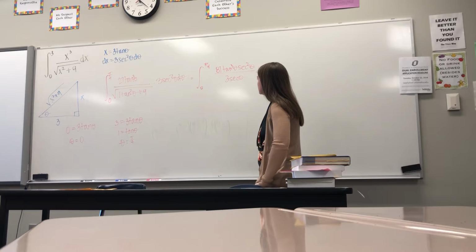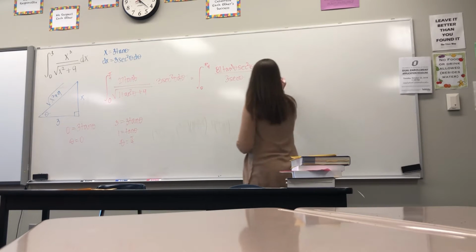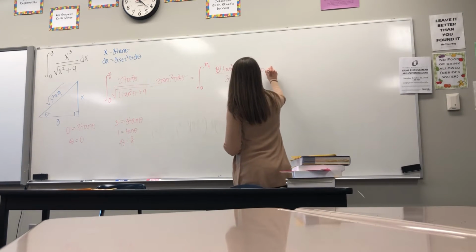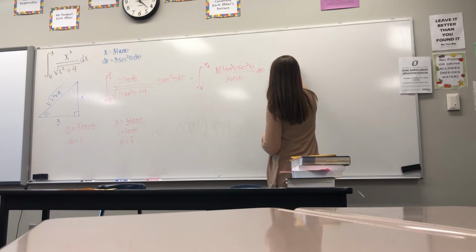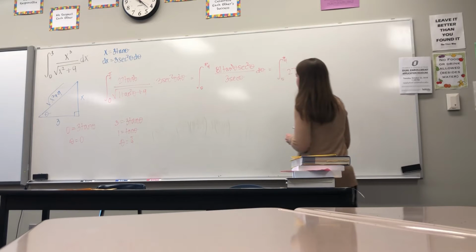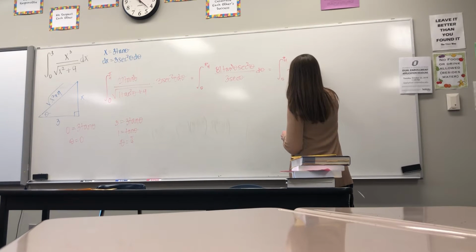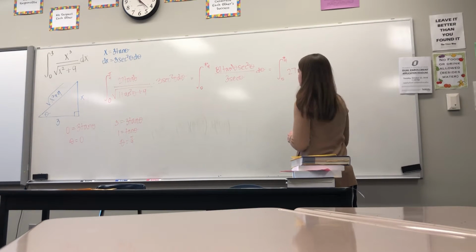Okay, so now we can simplify this a little bit, right? 0 to pi over 4 of 27 tangent cubed secant.